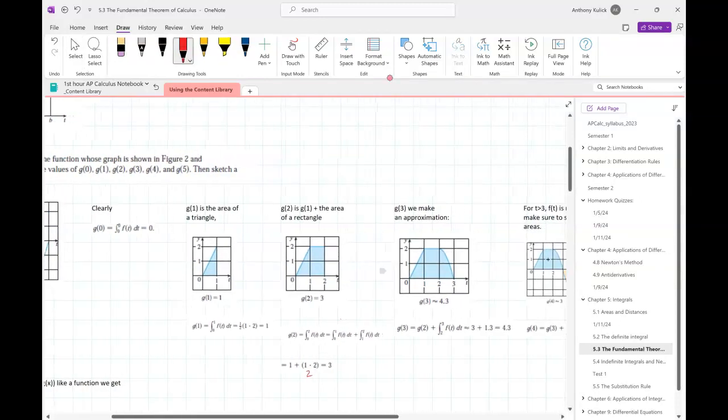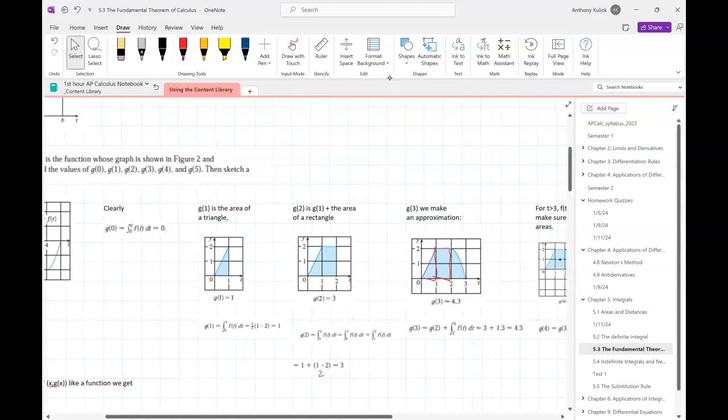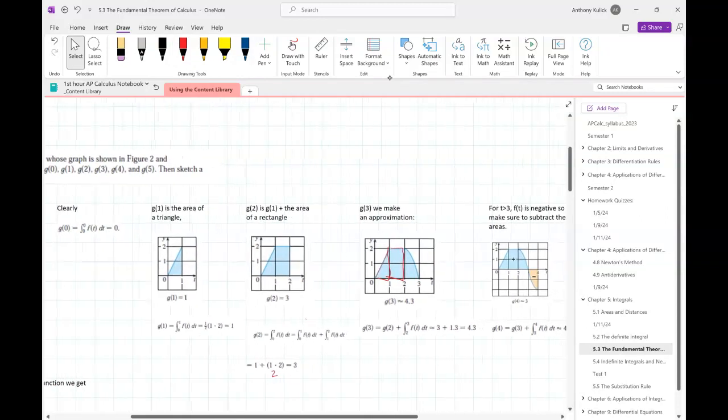Now for g of 3, we have the area to here. That's the triangle from before, that's the rectangle from before, but this new piece is curved. So we're just going to make an approximation here.